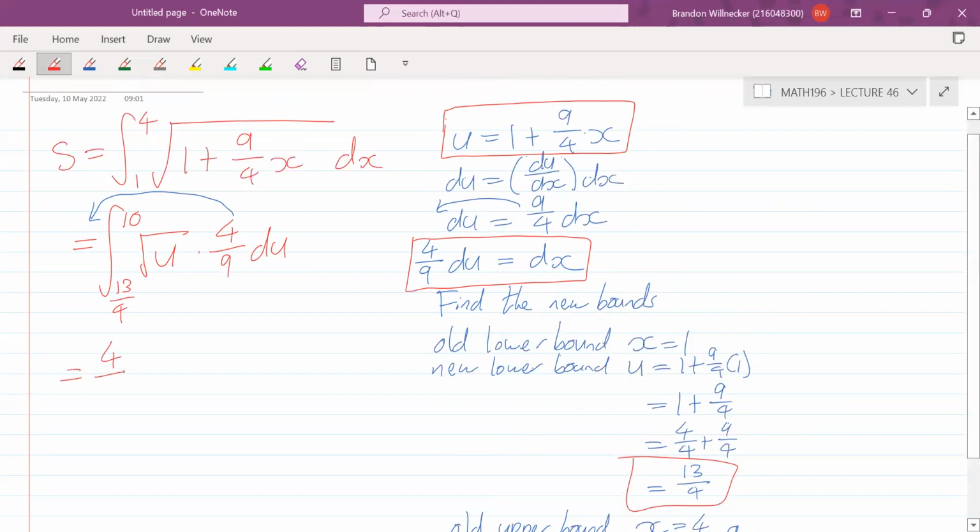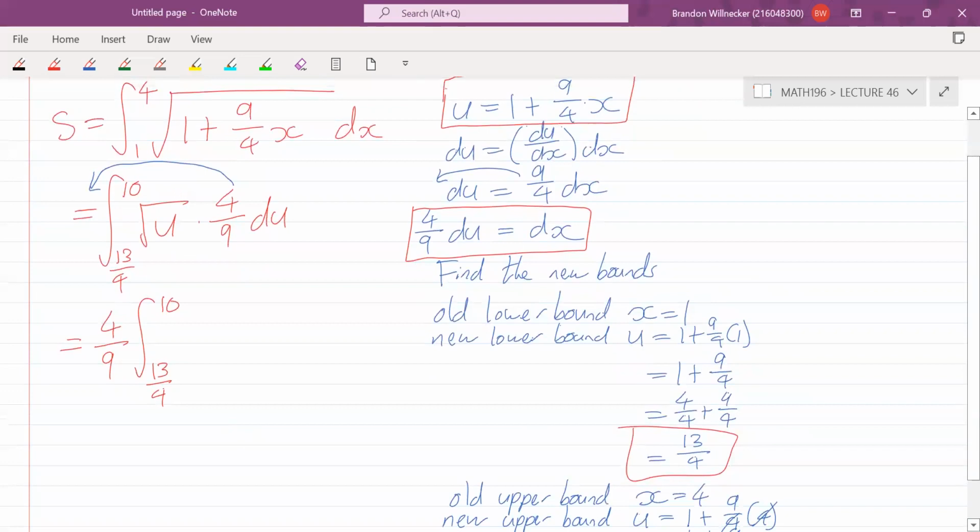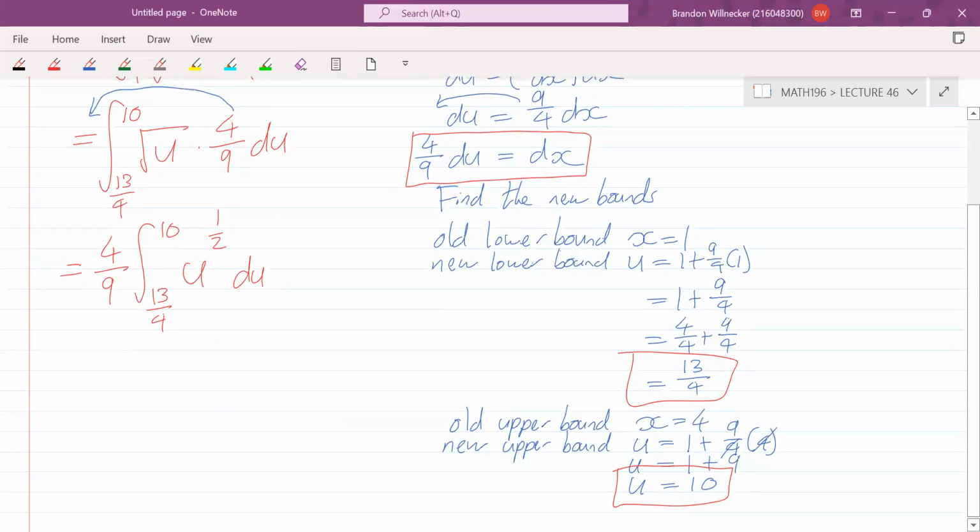So that's going to be 4 over 9, the integral from 13 over 4 to 10. Okay, and then root u we can replace with u to the 1/2. If you have root u, you can replace it with the exponent form, which makes it easier to use the power rule, du. Okay, so that's going to be 4 over 9.